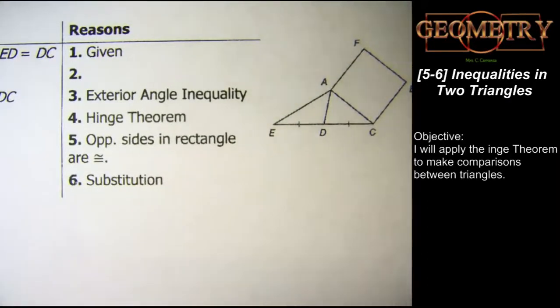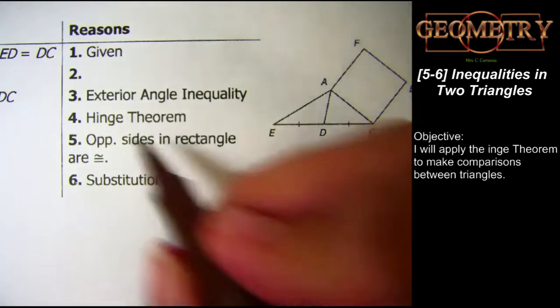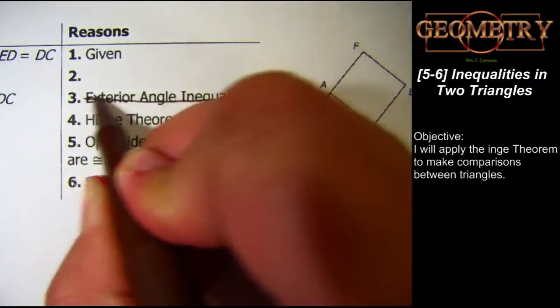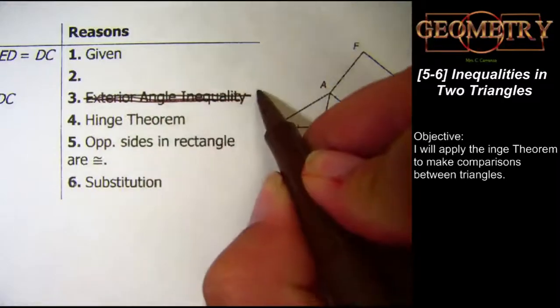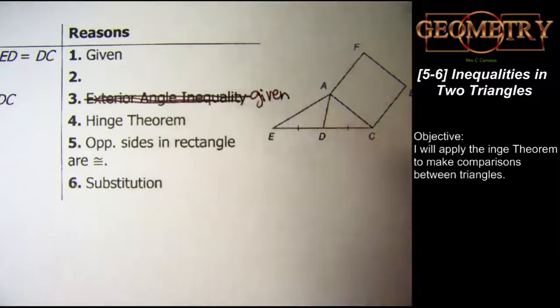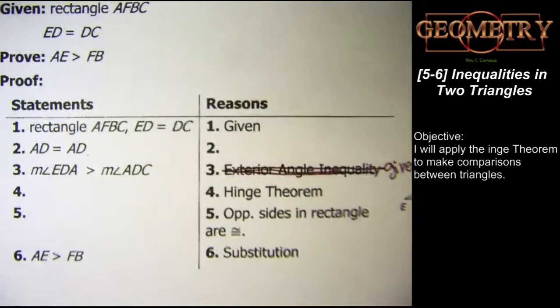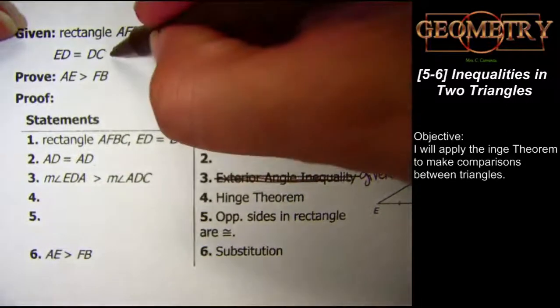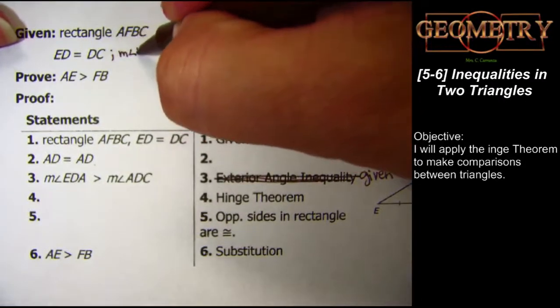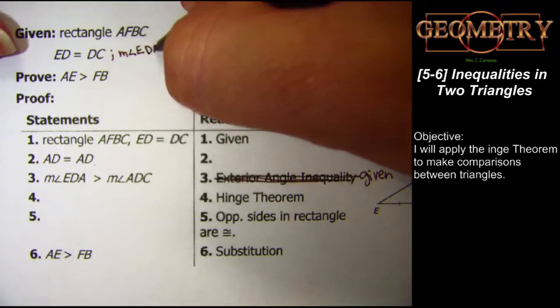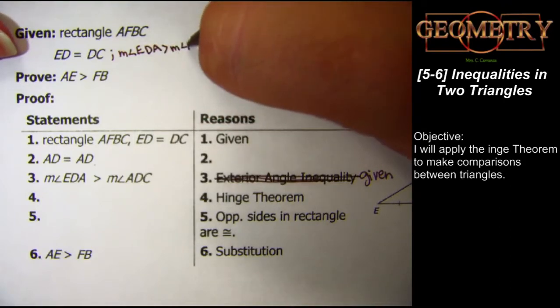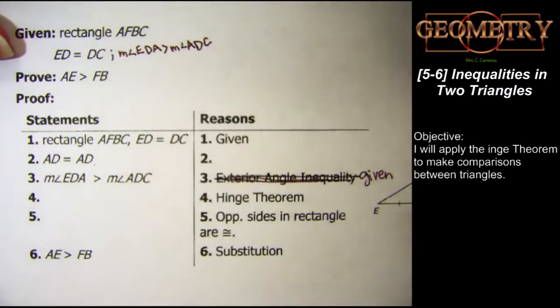Please come in and on reason number 3, please change it to given and then add that statement to the given. Okay, so those are the changes that we're making to this one.